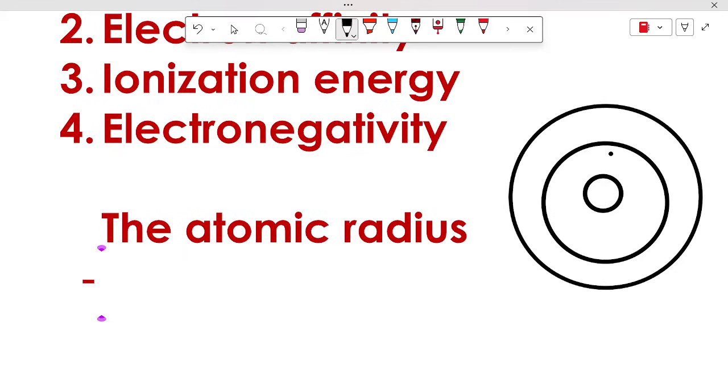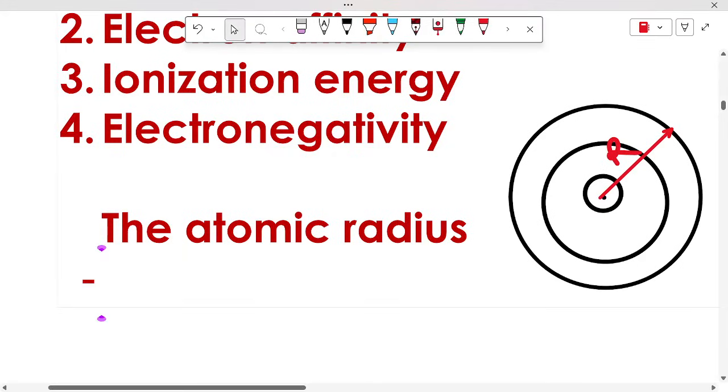If you measure the distance from this center to the outermost shell of an atom, that distance can be taken as the radius. That distance is the atomic radius. I'm going to teach the exam areas and how you should respond to these questions, not just anyhow.